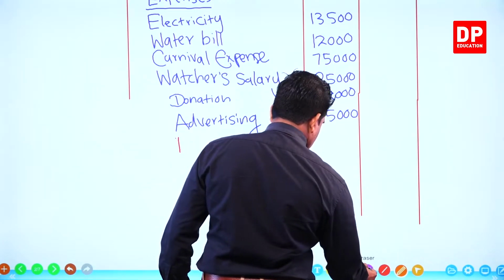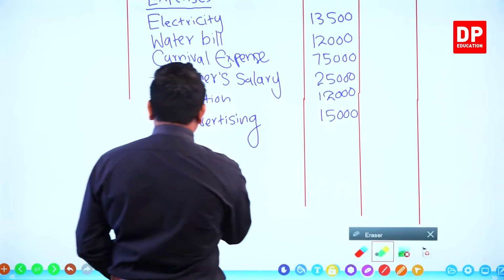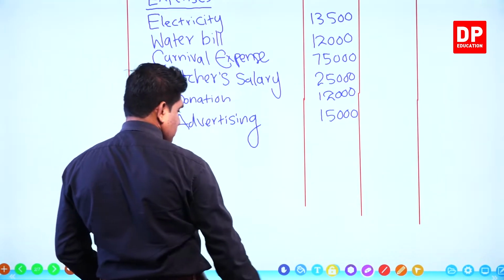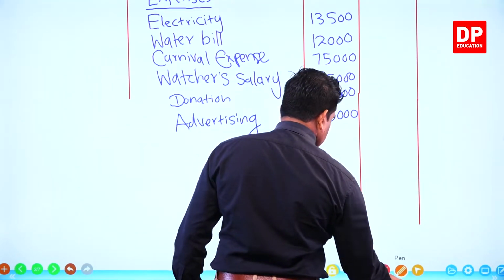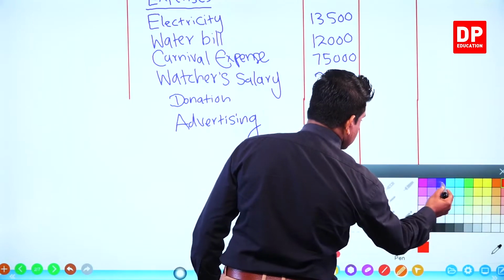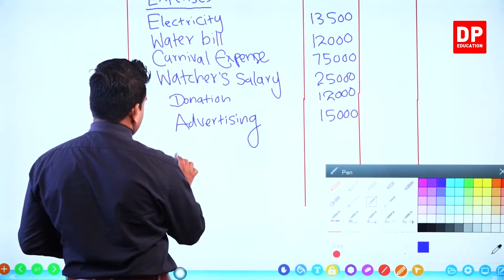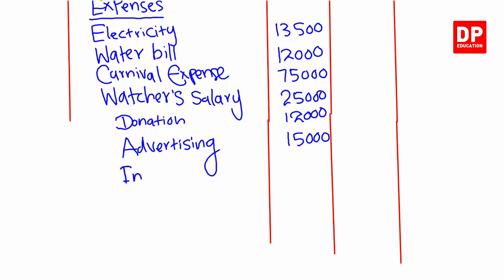Insurance. I want to change the color because red was selected by mistake. So go to the red, blue color, right? Okay, insurance 10,000, I think.